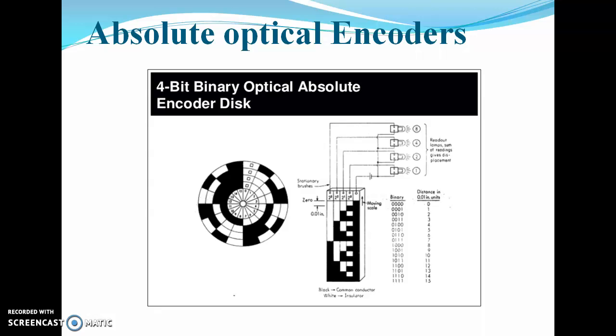Since we have these four segments, you can see here first, second, third and fourth, four segments or four concentric circles, that's why it is called a 4-bit binary optical absolute encoder, right?